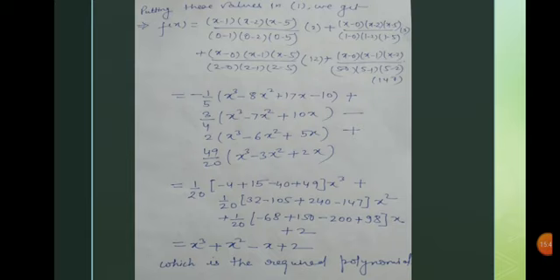So it is clear that whenever we take the common terms, this is equal to x cube plus x square minus x plus 2, and this is the required interpolating polynomial for the given problem.